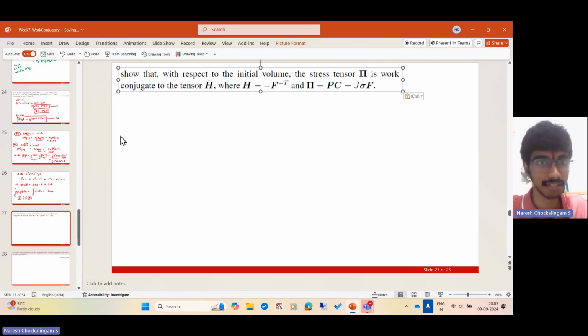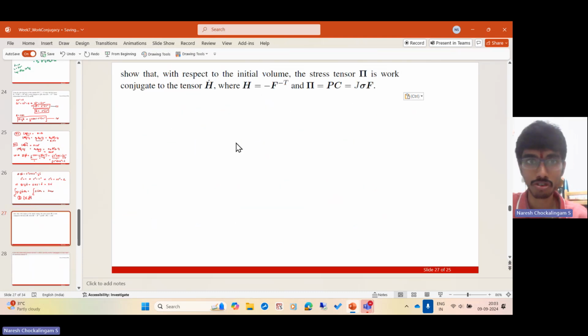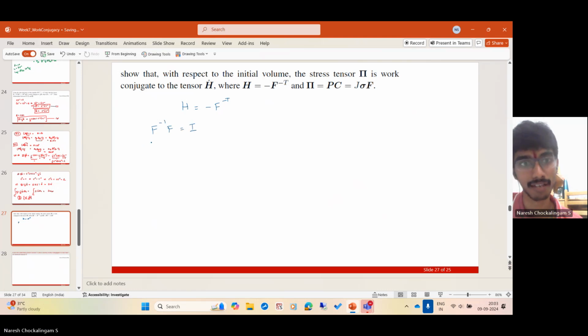So the question is this. Show that with respect to the initial volume, we have this. Let's take a similar approach. We have H is equal to minus F inverse transpose. So start with F inverse F is equal to I. Differentiate on both sides, say the time derivative.